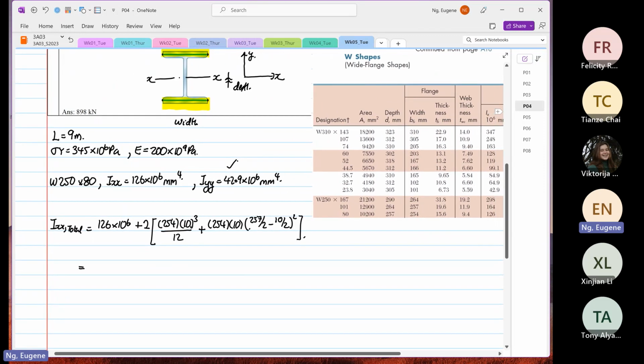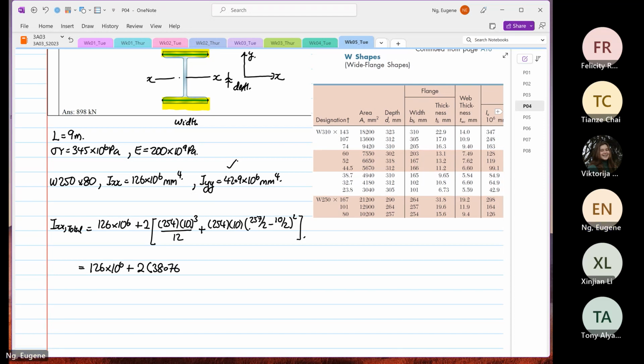So you get 126 times 10 to the power 6 plus 254 times 10 to the power 3 divided by 12 plus 254 times 10 times bracket 257 divided by 2 minus 10 divided by 2 close bracket squared. So this is equal to twice of 38.762 times 10 to the power 6.